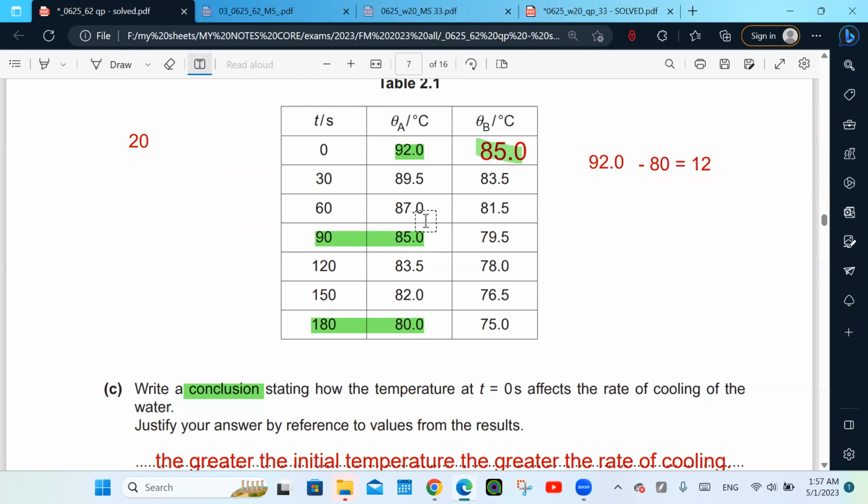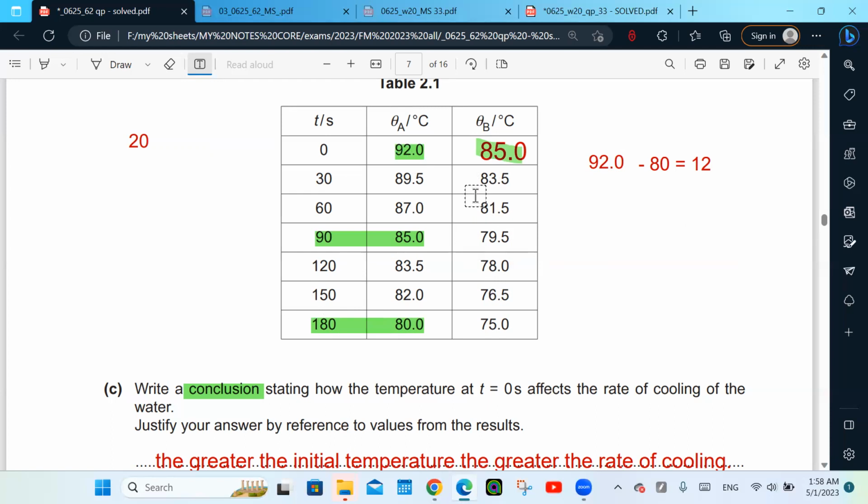So when the temperature was 92 initially and after 180 seconds reached 80 degrees Celsius, the difference is equal to 12 degrees Celsius. So the rate of cooling here is 12 degrees Celsius.